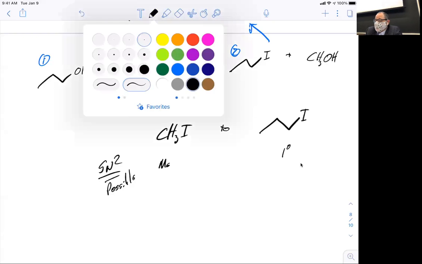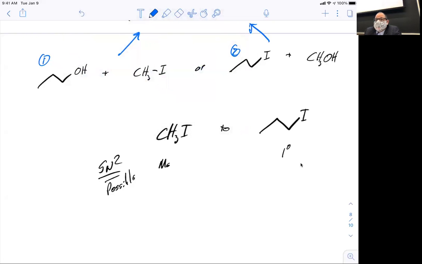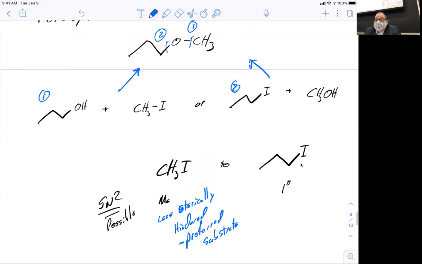So when we look at these, the methyl is going to be less sterically hindered, so it is the preferred substrate. I would put process 1, the one that we've shown, as being preferred over 2.